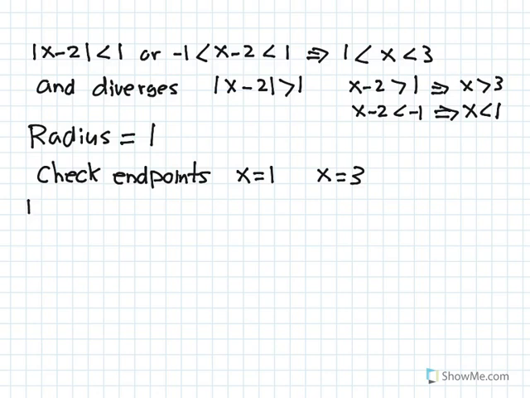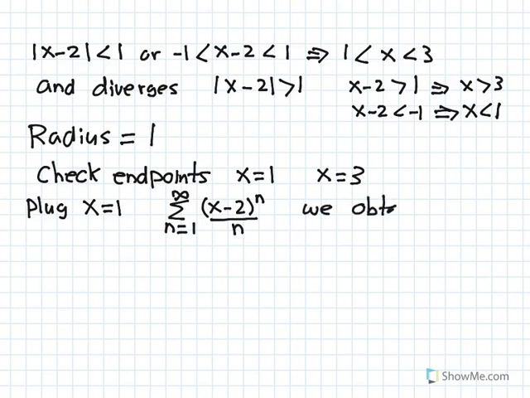All right, plug x equals 1 into the power series, summation n equals 1 to infinity of (x minus 2) to the power of n divided by n. Plugging this in, we get summation n equals 1 to infinity of (1 minus 2) to the power of n divided by n.